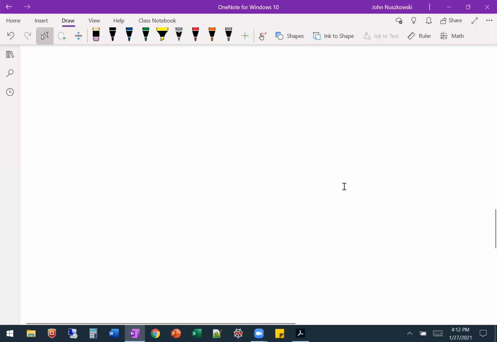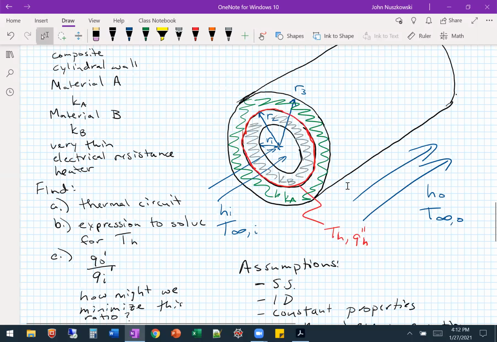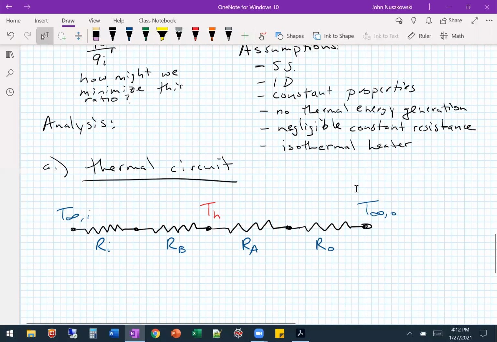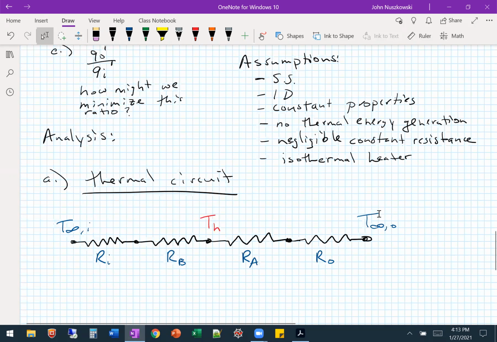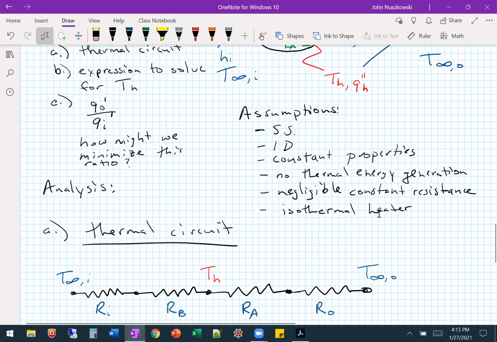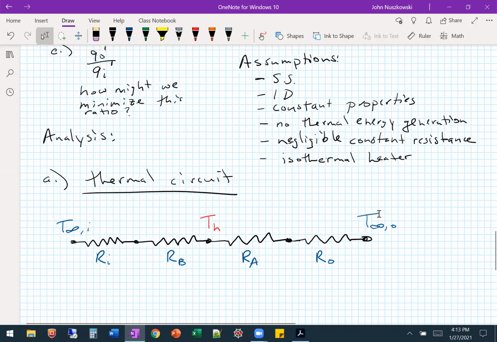Yeah, so in this case, it's heat rate because we're dealing with cylindrical coordinates, so we can't just divide out the area. From the inner going out. Yeah, so basically we have the QH from the heater, right?